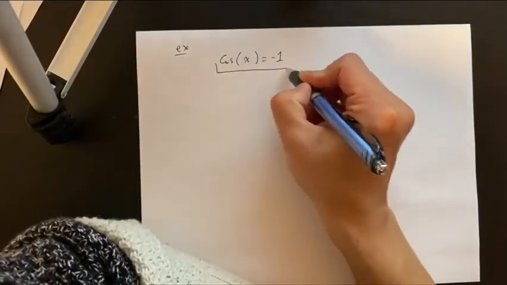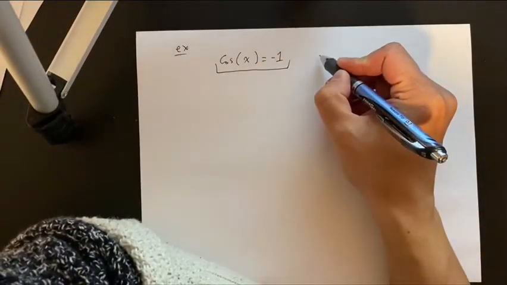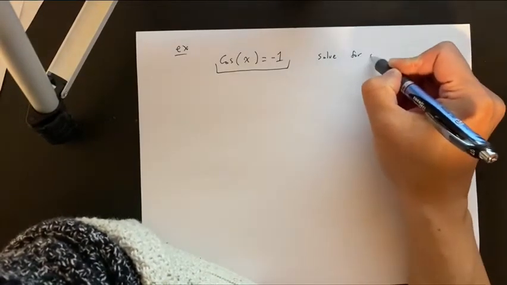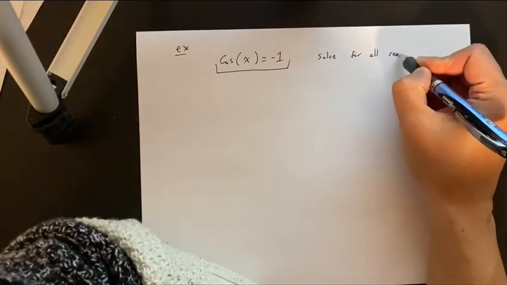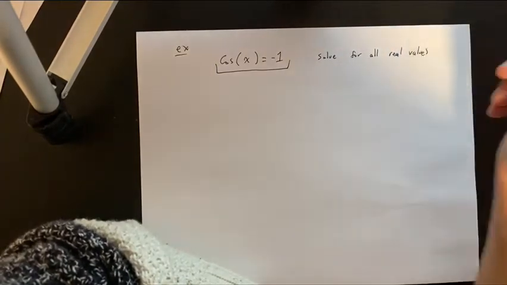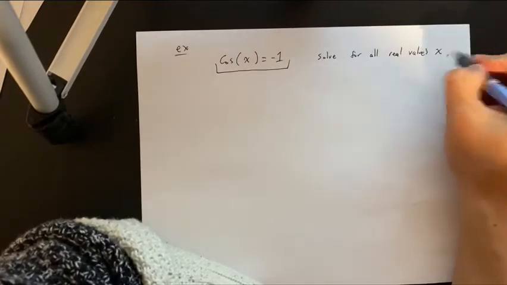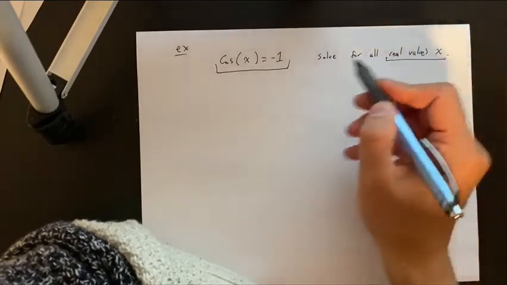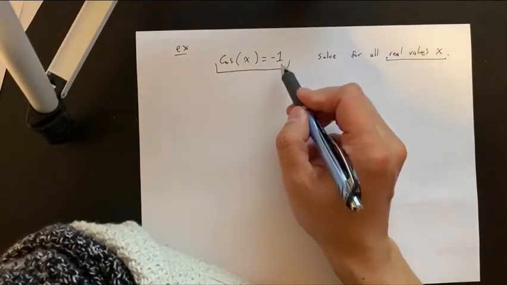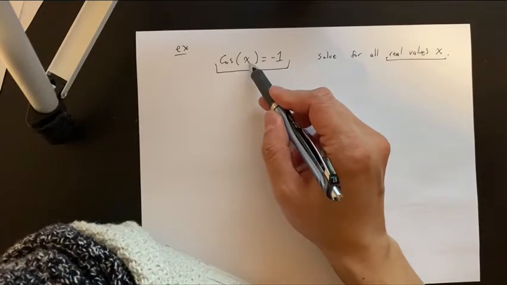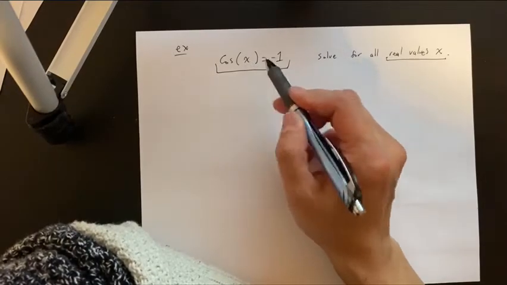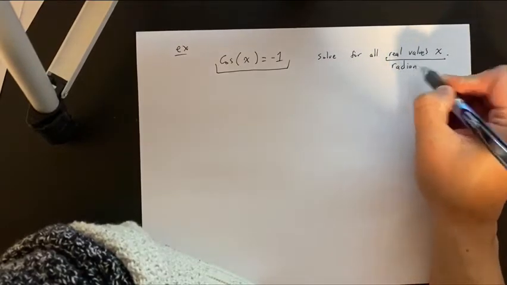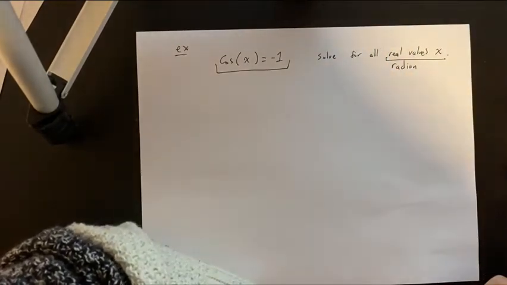This is my equation, but for my condition, I want to solve for all real values x. That's just another way of saying find all the solutions to this trig equation, but I want x to be a radian value, not degrees. So here, real values is just another way of saying you want the solution to be in radians.